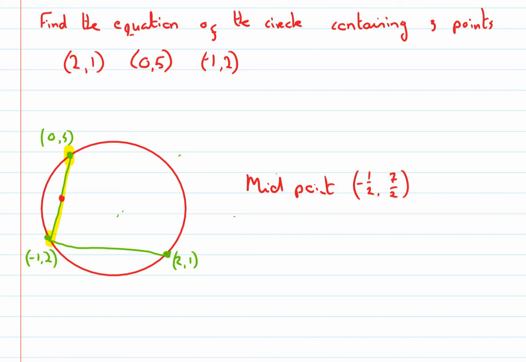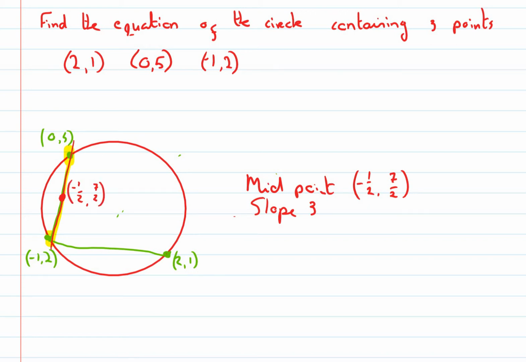Next thing I'm going to look for is the slope of that line. So slope, you'll use your slope formula and you will get a slope of 3. So that point here is minus half and 7 over 2.